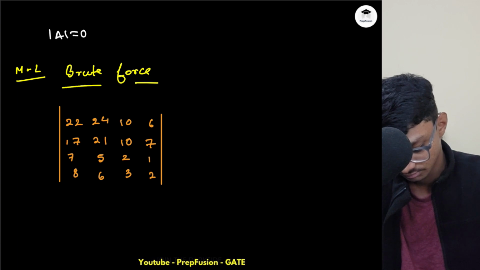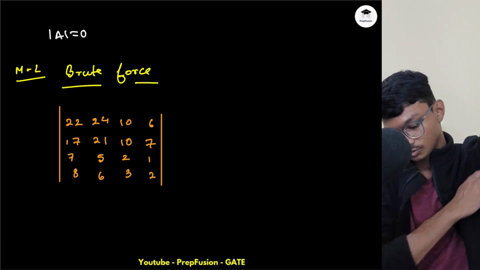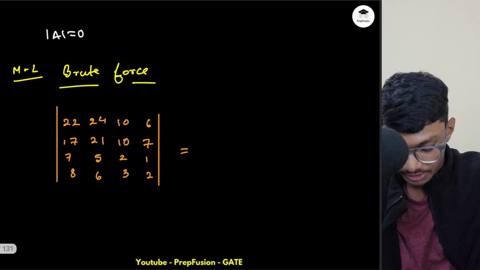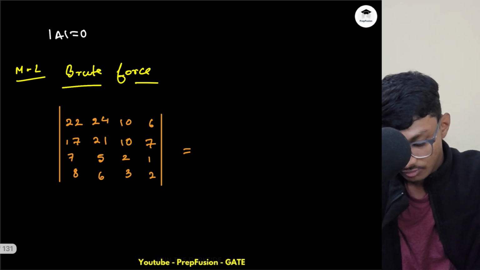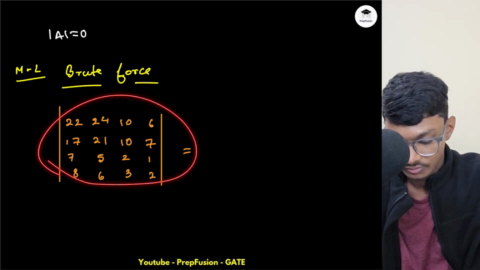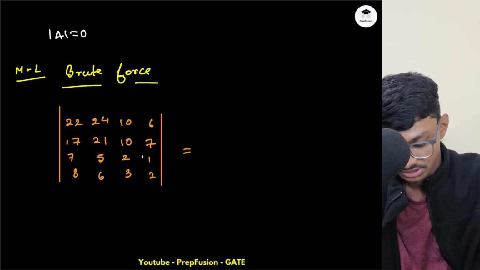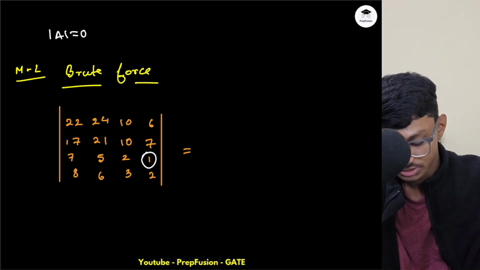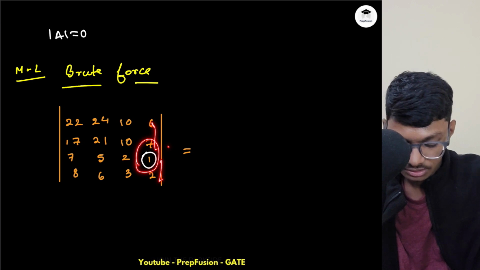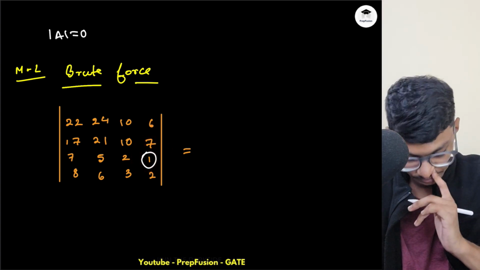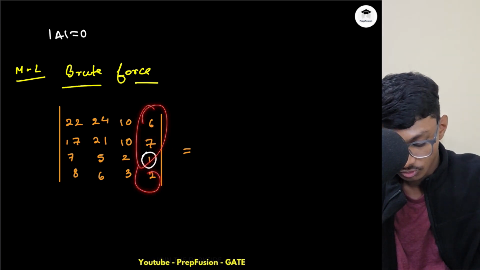So basically what I can do is find where my 1 is. Is there a 1 present anywhere? Yes, I have a 1 present. If there isn't, I have to make a 1. So the 1 is present over here. I will use this 1 and make all of this column 0.